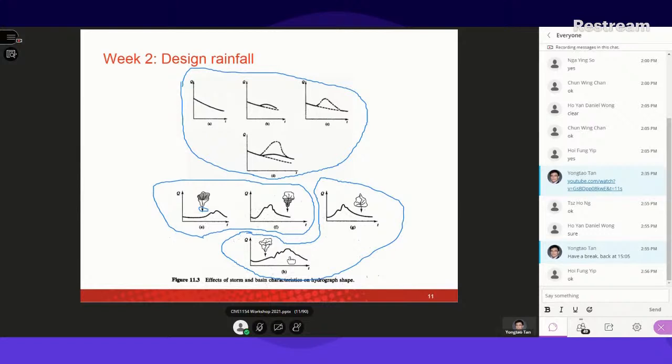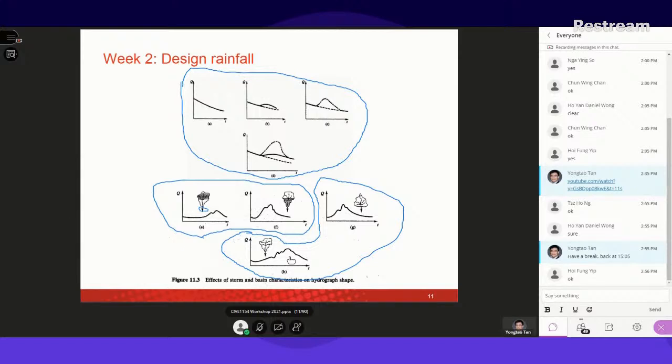And also, I just mentioned that the geological characteristics also have impact on the hydrograph. The geological characteristics include, for example, the surface and subsurface soil type, for example, rocks and their permeabilities. The geological characteristics also influence the infiltration and percolation rates.